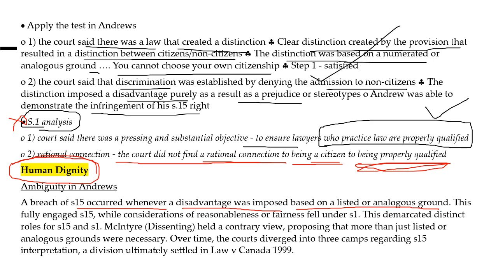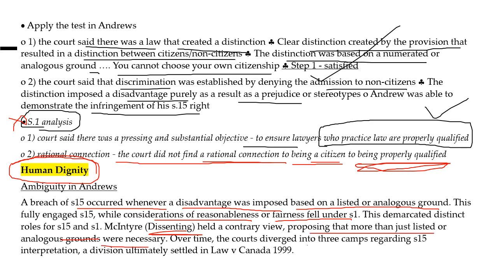This fully engaged section 15, while consideration of reasonableness or fairness fell under section 1. This demarcated the distinction between section 15 and section 1. The dissenting judge, who had a different viewpoint in the Andrews case, said that more than just listed or analogous grounds were necessary.